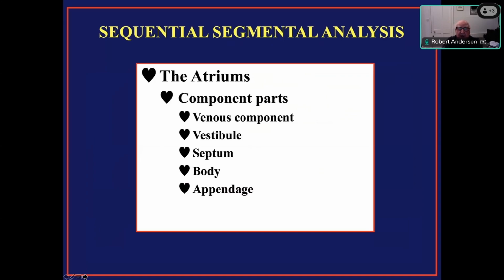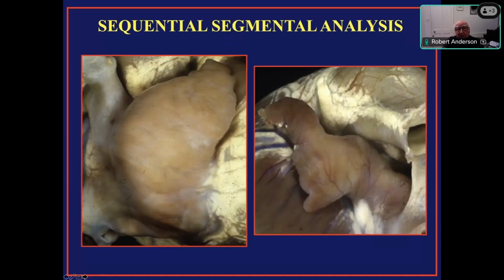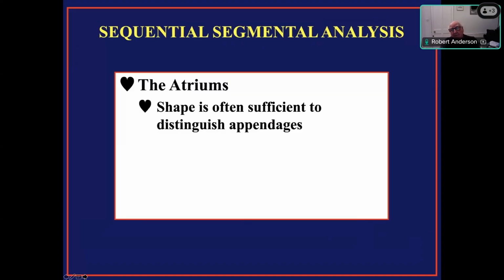So when we're analyzing the atrium, we look at these various parts and we ask which is the most constant. And you will all know that it is the appendage that is the most constant atrial component. If we simply look in the autopsy room, the morphologically right atrium, which you see to your left hand, and the morphologically left atrium, which you see to your right hand, we can distinguish the two simply on the basis of their shape.